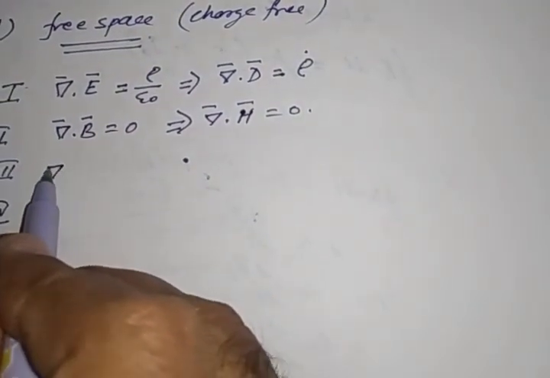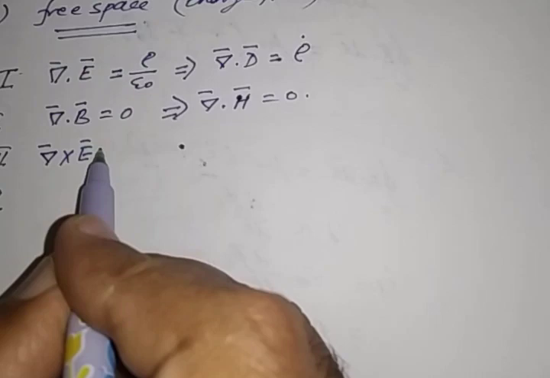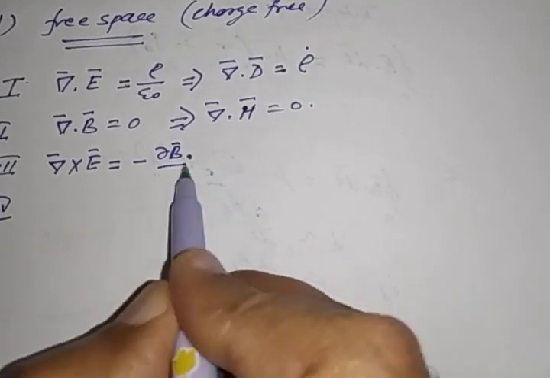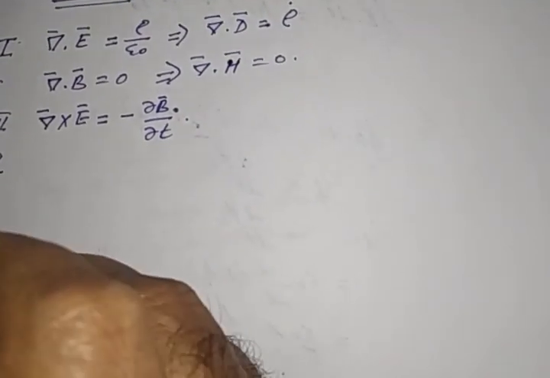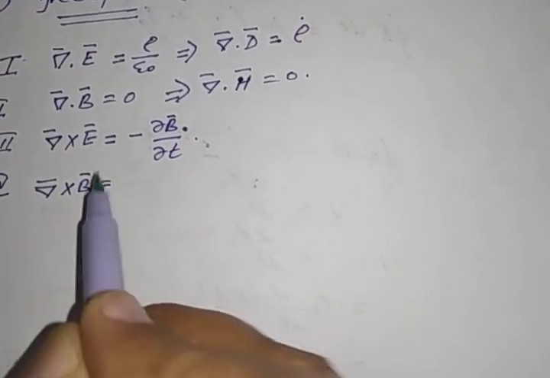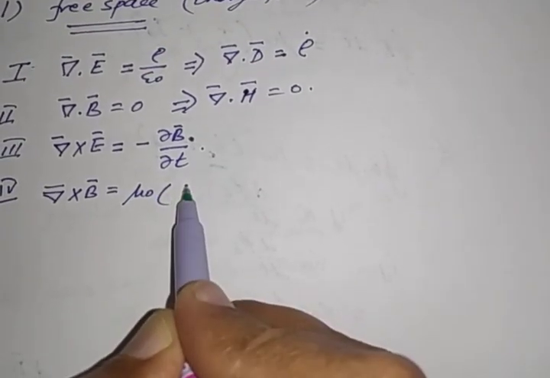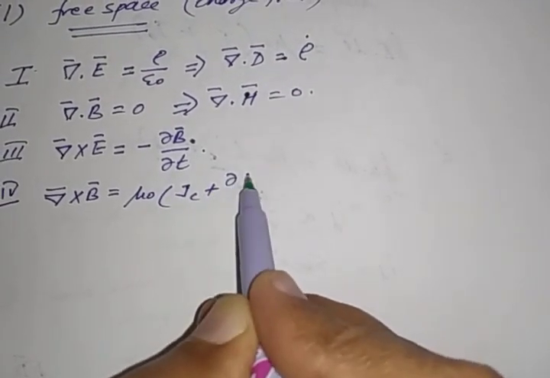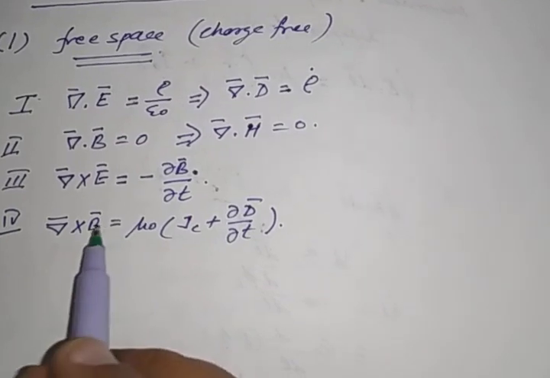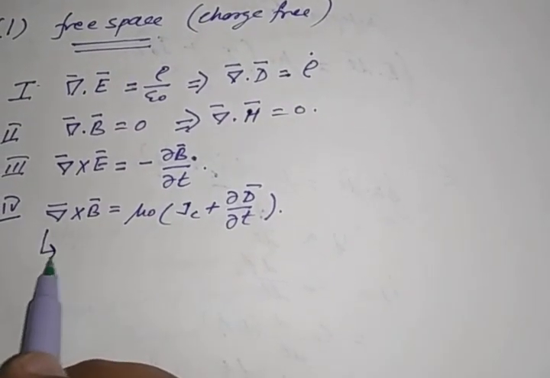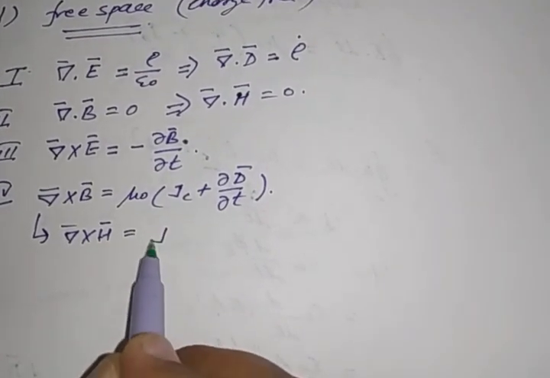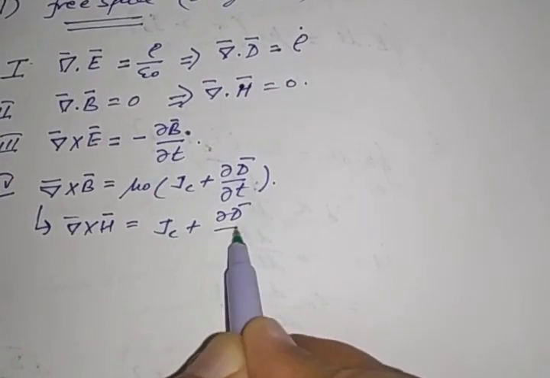The third Maxwell equation, and the fourth Maxwell equation. In terms of H, we can write this equation as del cross H, because we can move this part here, equal to JC plus del D by del t.